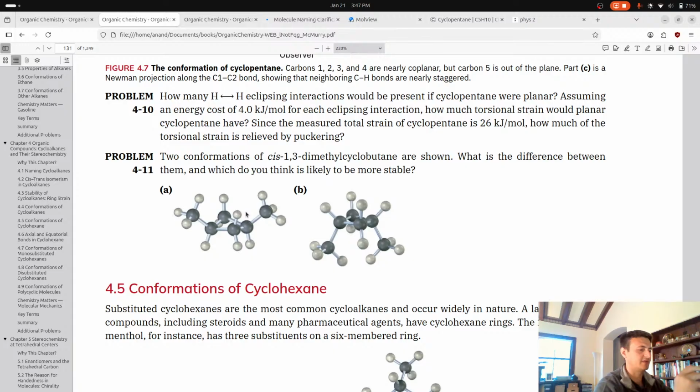Yeah, I think that's right. So now we just need to, it's a 1,3. Okay. All right, so here's cis-1,3-dimethylcyclobutane.